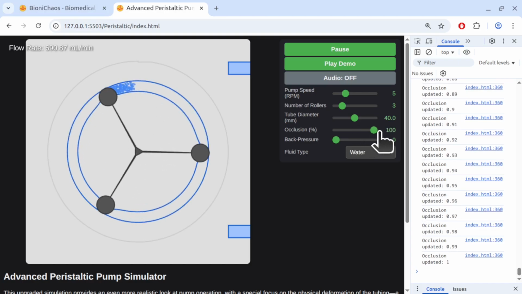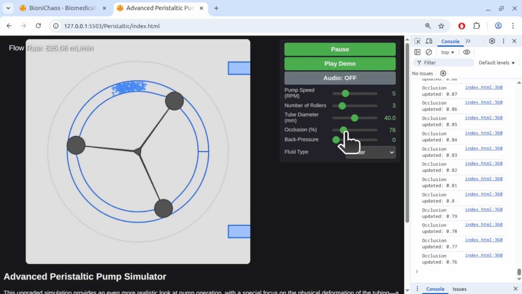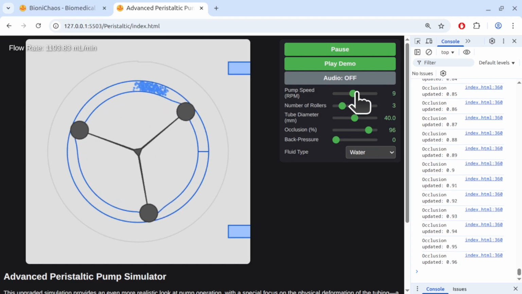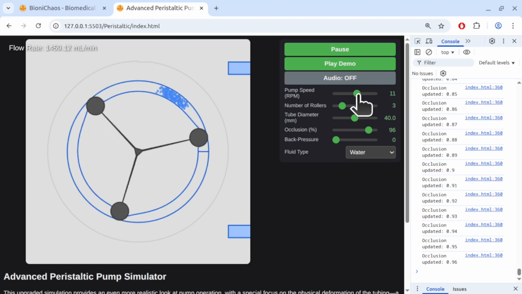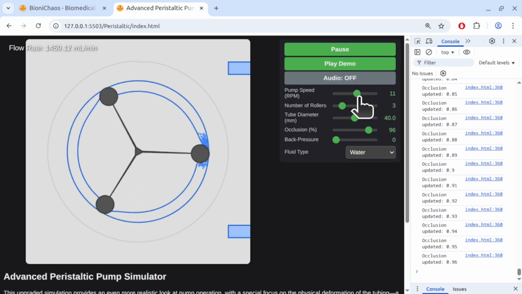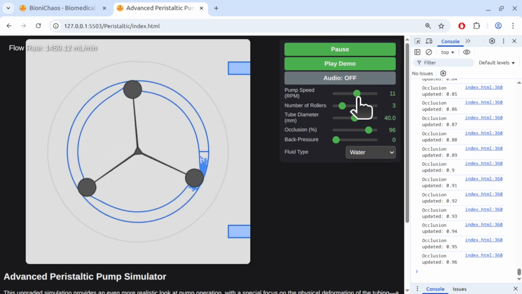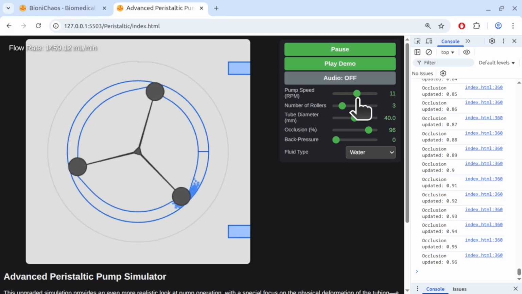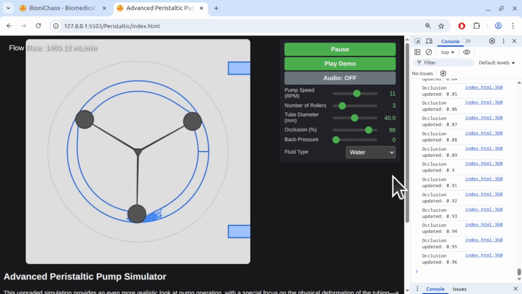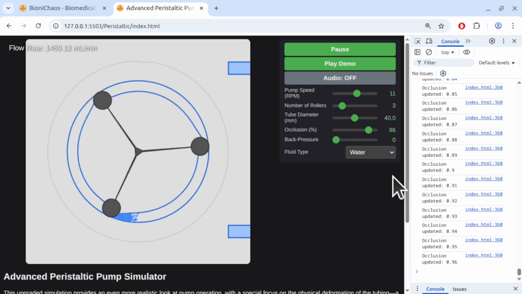In a real peristaltic pump, the rollers are typically mounted on a rotor that spins. As the rotor turns, the rollers sequentially compress the flexible tubing against a stationary housing or raceway. This compression creates a temporary seal, trapping a volume of fluid and pushing it forward as the rollers advance. The degree of occlusion is set by adjusting how tightly the tubing is pressed against the raceway by the rollers.